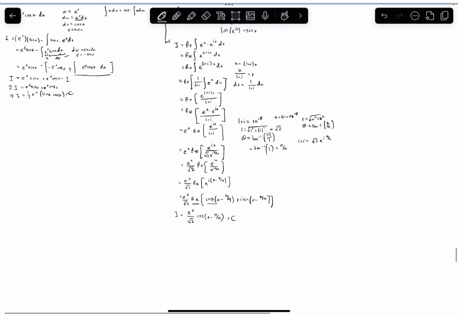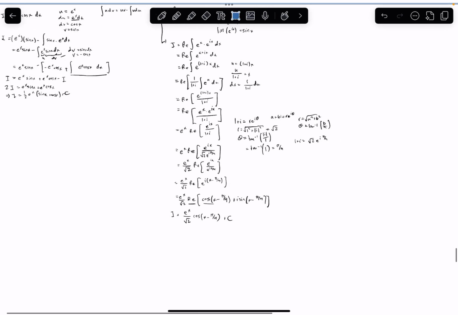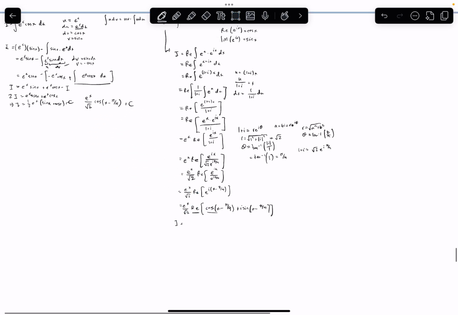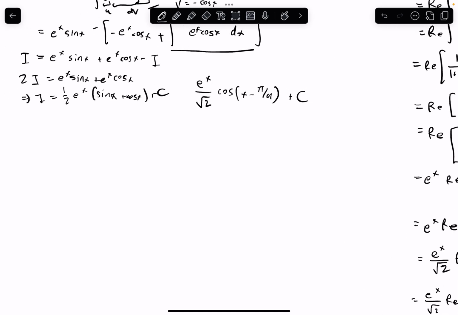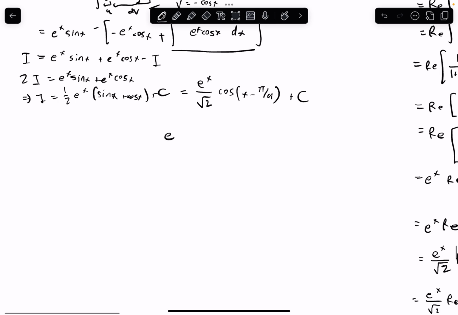The interesting thing about this is that it looks completely different from our initial solution. This means that these two expressions, one half e to the x times sine x plus cosine x, and this one, should be equal. Let's expand this using our compound angle identity.